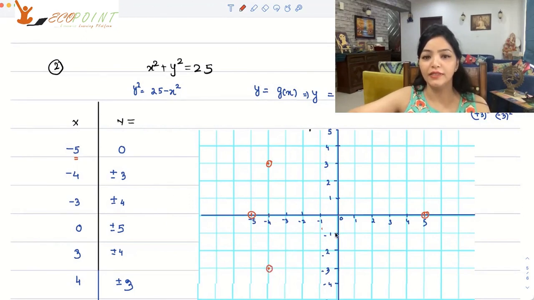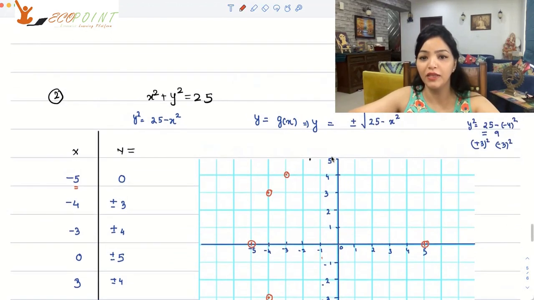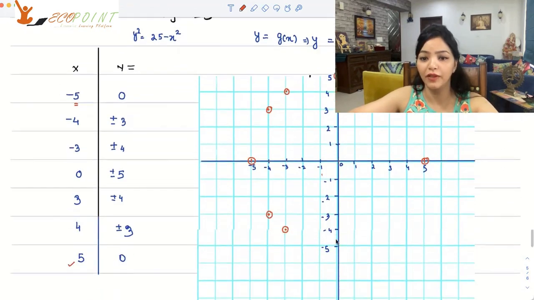When x is minus 3, y could be plus minus 4. That means it could be plus 4 here also, and it could be minus 4 here as well. When x is 0, y is plus minus 5. That means when x is 0, y could be here at 5 and here at minus 5.